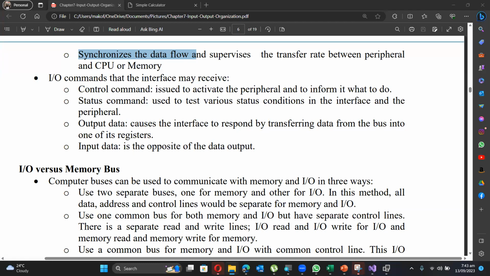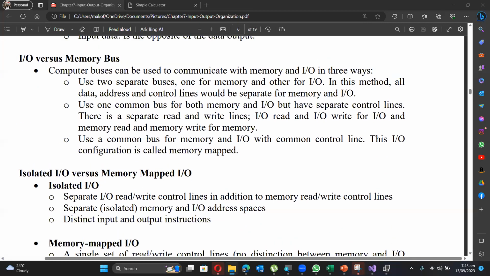So over here, I think the next thing we have to discuss under the I/O devices has to do with the memory bus. The memory bus is used to communicate information between the memory and the I/O. Now, it does this in three ways.